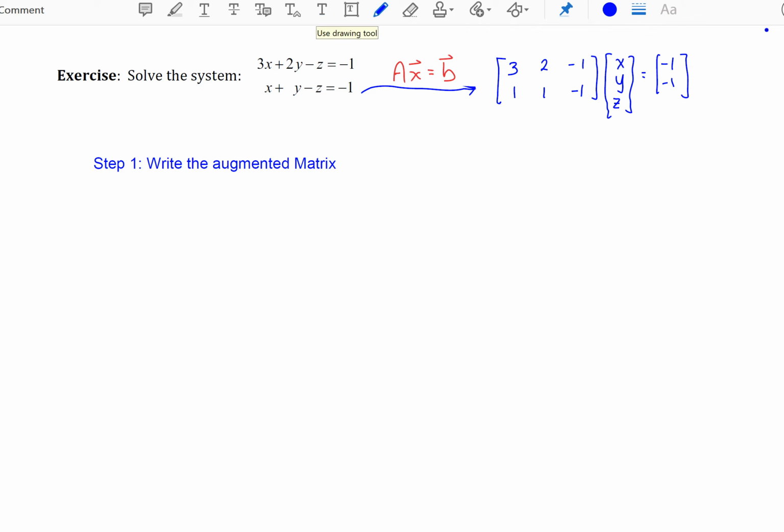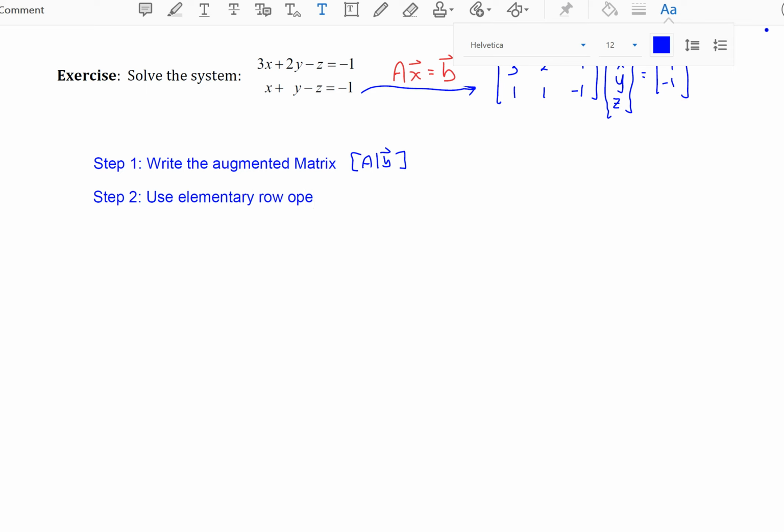So recall our augmented matrix is going to be of the form A adjoined with B. After we write our augmented matrix, then we'll move on to step 2, which is use elementary row operations to write in RREF. So reduced row echelon form.